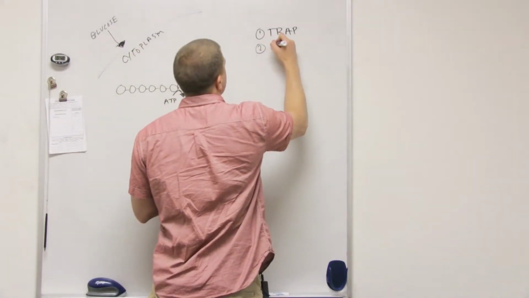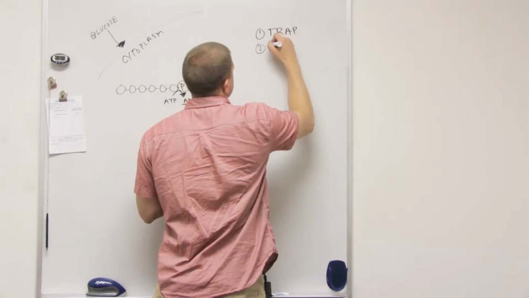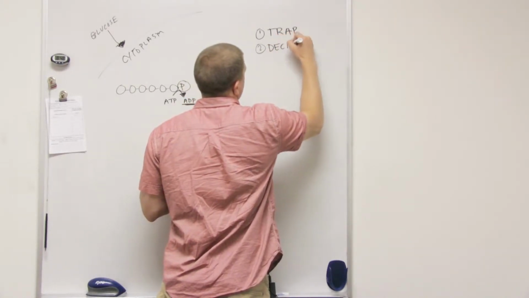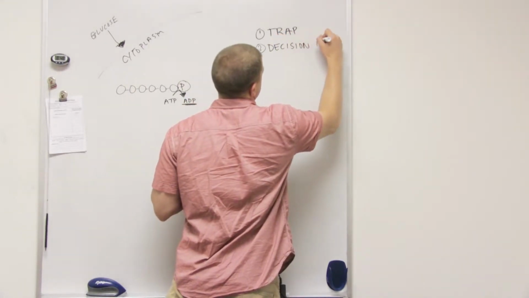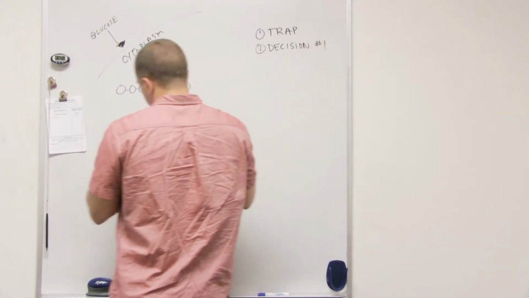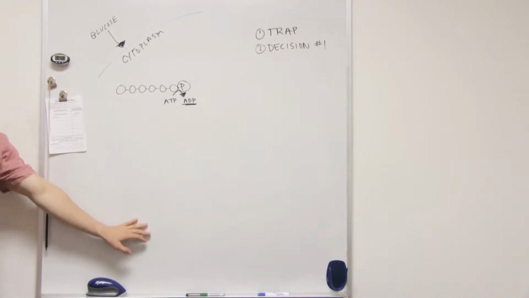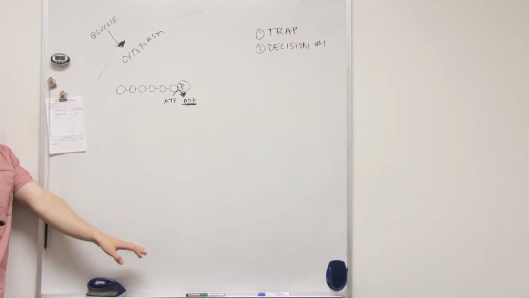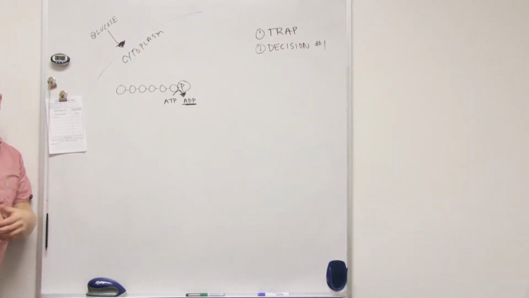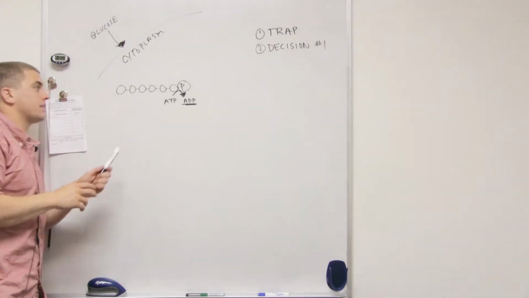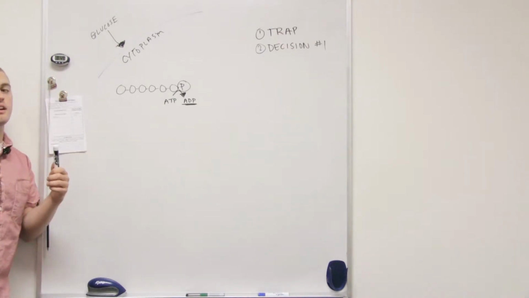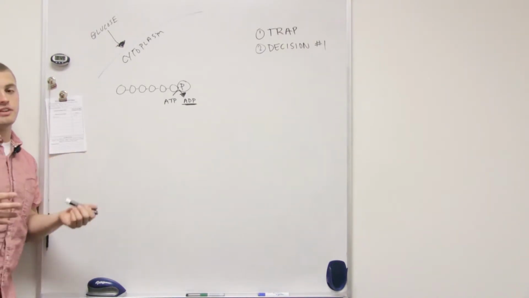So number 2 is it's decision time. And this is going to be the first decision that's made right here. We really need to decide if this is going to go through the rest of the process or if it's going to turn into glycogen. And glycogen is just a whole bunch of glucoses attached to each other. And really what this depends on is if there's plenty of ATP.